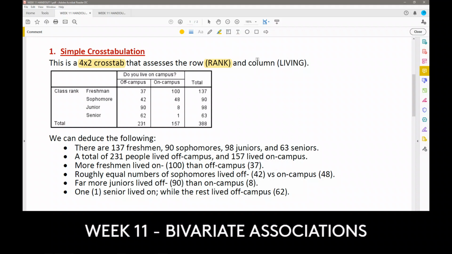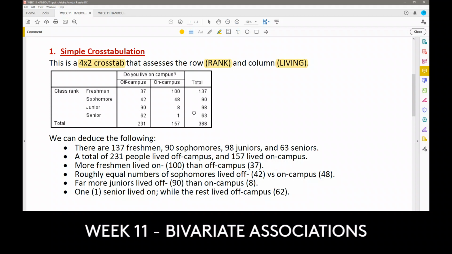And the other variable is living, which is asking students, do you live on campus, yes or no? The reason why this is a 4x2 crosstab is because this variable here for the rows has 4 categories, so that's the 4. And then the columns have 2 categories, on campus, off campus. That's where you get the 2 from, okay?